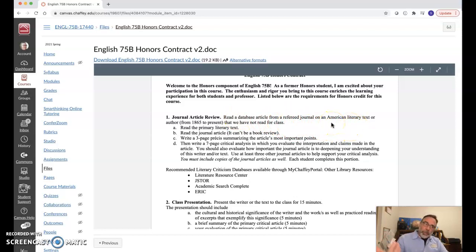So in the past, people have done Edgar Allan Poe, Mary Shelley's Frankenstein for intro to literature, other pieces by Mark Twain. In 75A, I've had people work on Benjamin Franklin. Even more contemporary authors, I had somebody do Orson Scott Card, who is the author of Ender's Game.